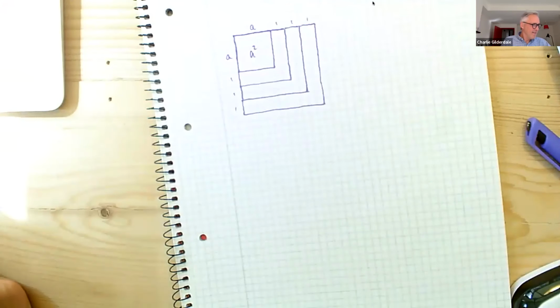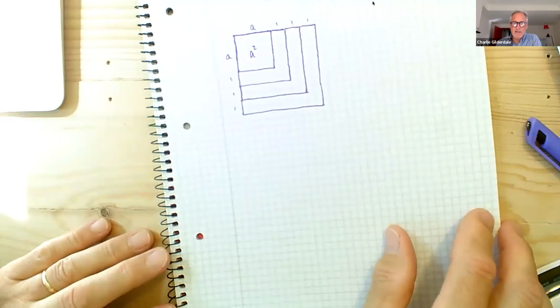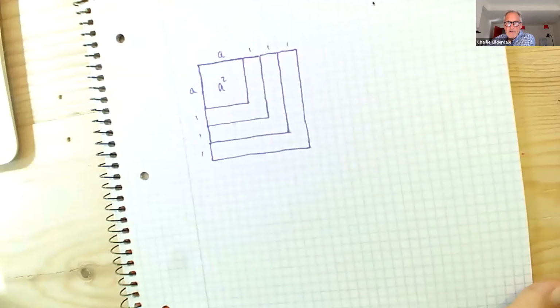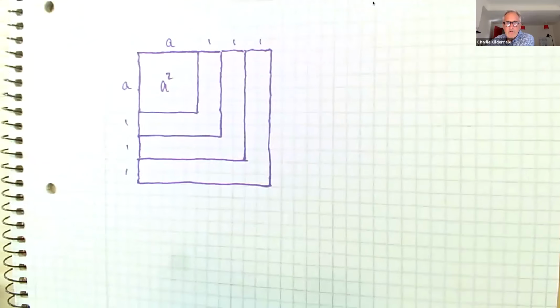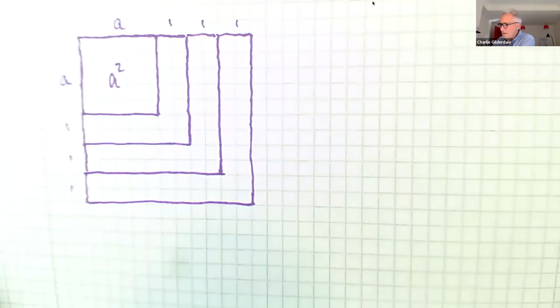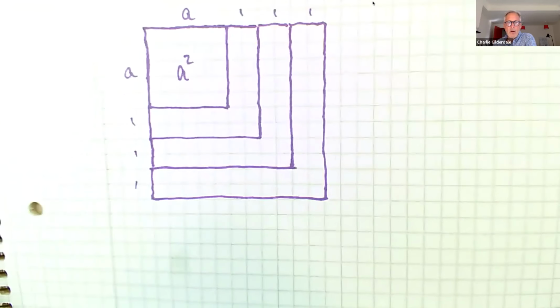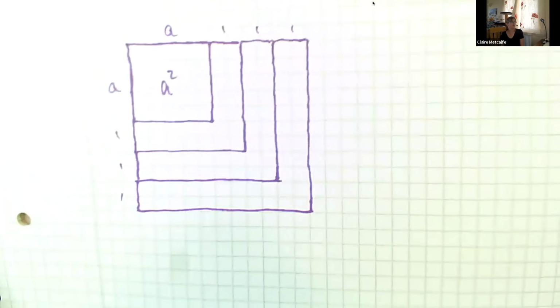So here we are. Louise is suggesting that instead of bars, we might just have a go at looking at squares.